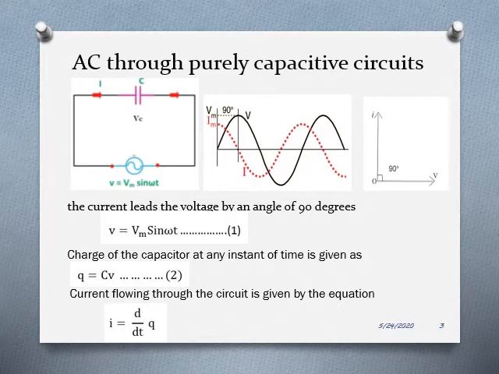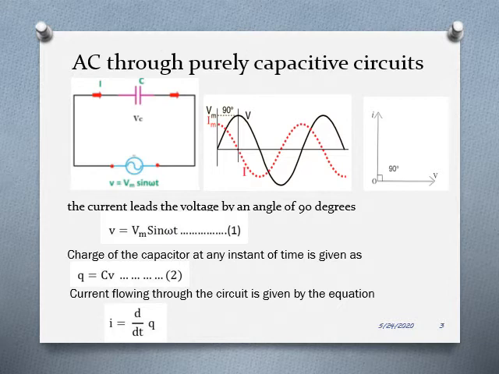The voltage starts at the 0th instant, reaches the maximum value Vm at 90 degree. Here, unlike the purely inductive circuit, the current leads the voltage by an angle of exact 90 degree, which means there is a phase difference of 90 degree between the voltage and current.